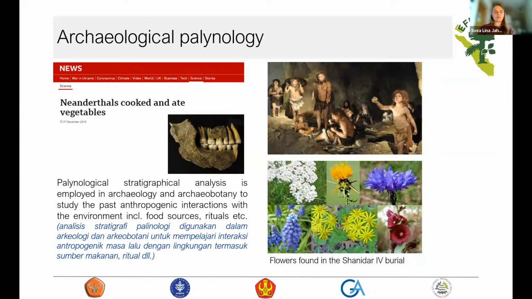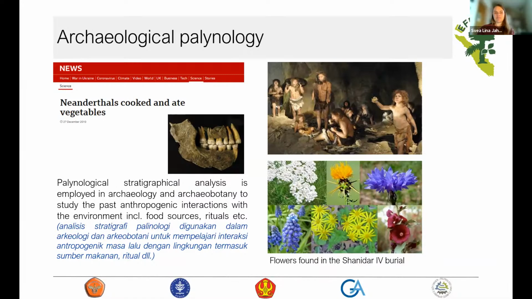Just one example here is that they actually found pollen in the teeth of Neanderthals, and the pollen was quite diverse. So despite what they thought before, that Neanderthals mostly ate meat and didn't eat much vegetables, they could say that actually the Neanderthals had quite a balanced diet and ate a lot of vegetables from many different plants.